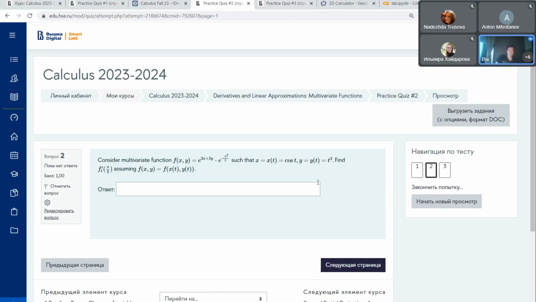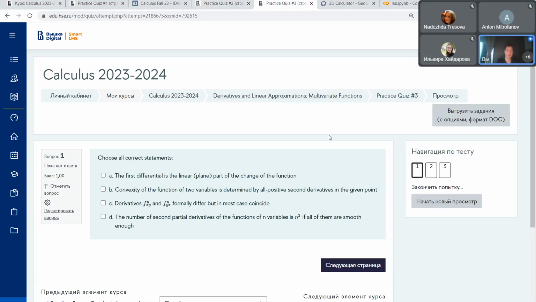We can just substitute x and y, and compute the derivative over t. I am not sure that this task is really useful, because it's the same as the previous one. I think it will be enough to save it for your practice, especially because there is no difference between this one and the previous one.